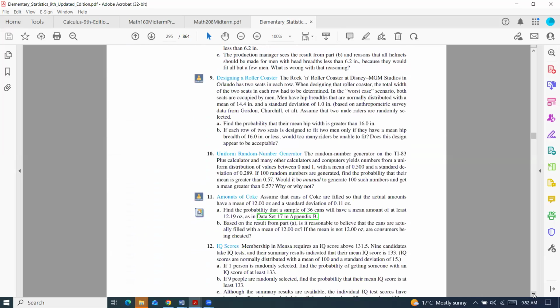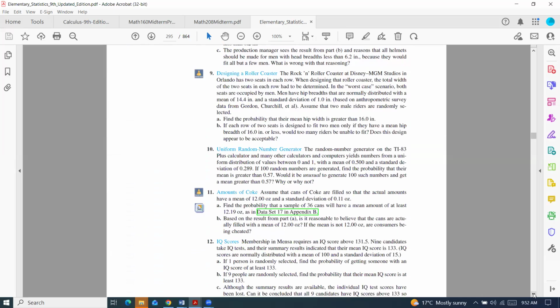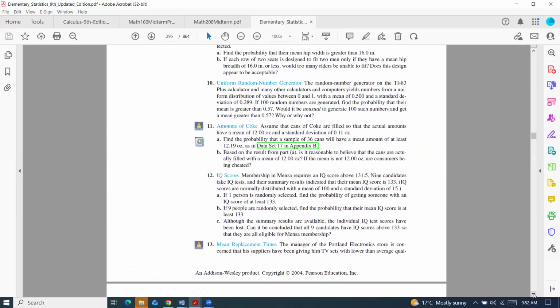So I'm gonna select another exercise and do it for you to refresh the whole process. So how about, let's say, number 10, I think is interesting. Exercise 10. Random number generator.